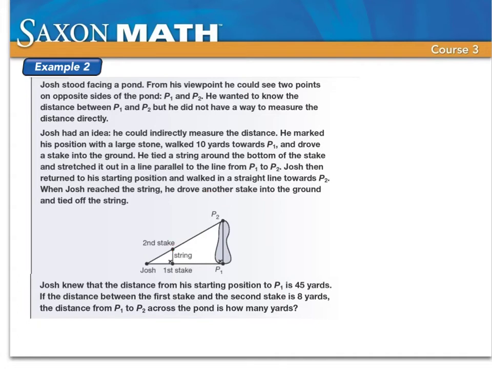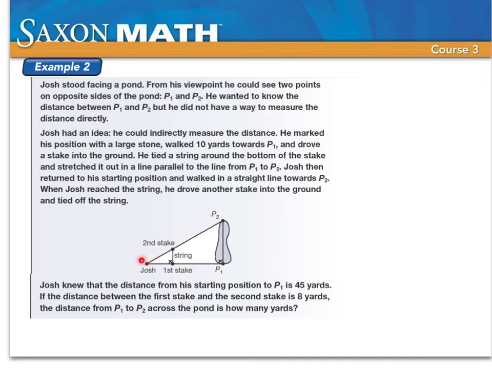So basically what we've got here is a stake in the ground and another stake in the ground with a piece of string tied to them. If Josh walked in a straight line from the stone to the stake and continued that straight line, he would hit the dock over here.